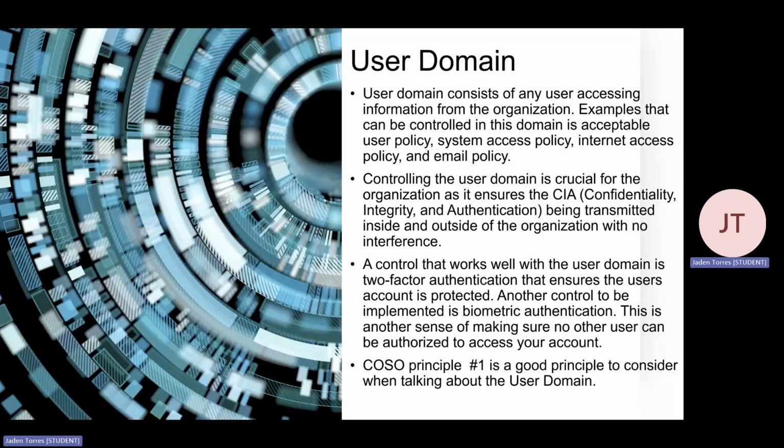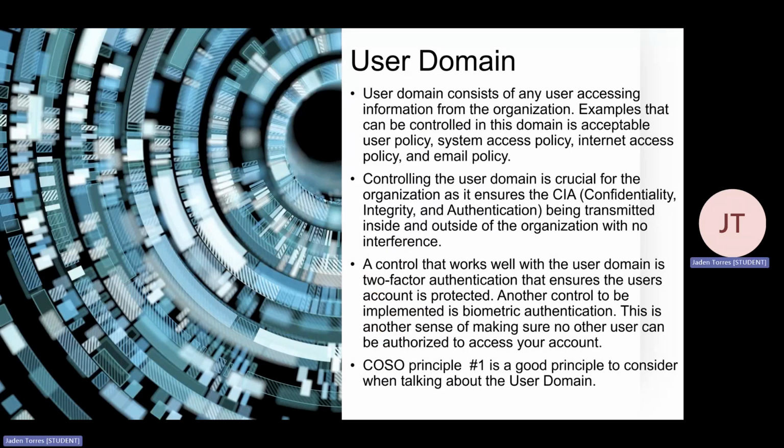Examples for that can be the user policy, system access policy, internet access policy, email policy, any sort of standards that we publicly set out to everyone. And keep in mind, all of these examples can be controlled within this domain.